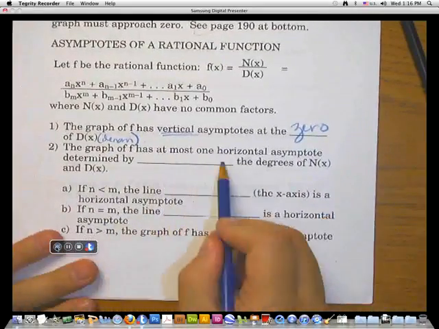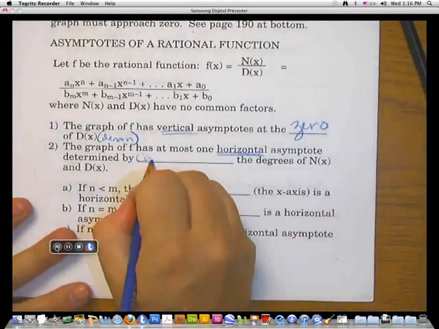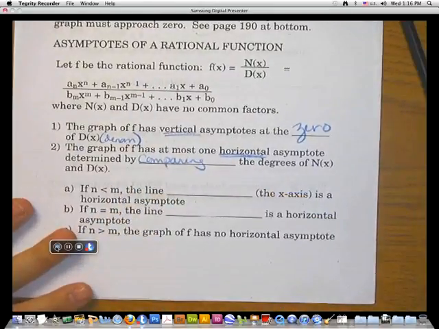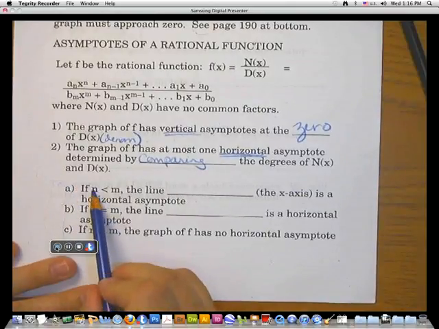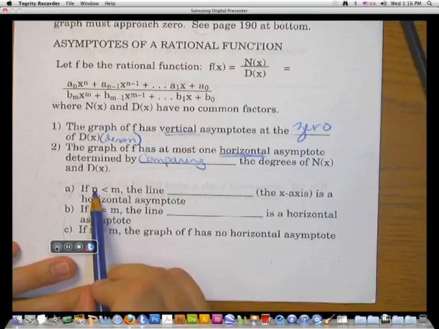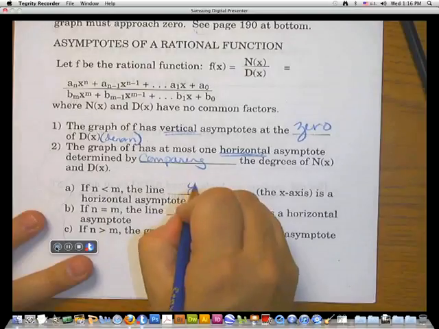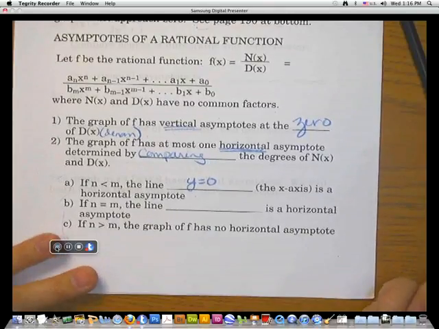The graph can have horizontal asymptotes, and it's determined by comparing the degrees of the numerator and the denominator. So here's that comparison. If the numerator exponent, or degree, because they mean the same thing, is less than the exponent of the denominator, y equals 0, which is the horizontal x-axis, is the horizontal asymptote.